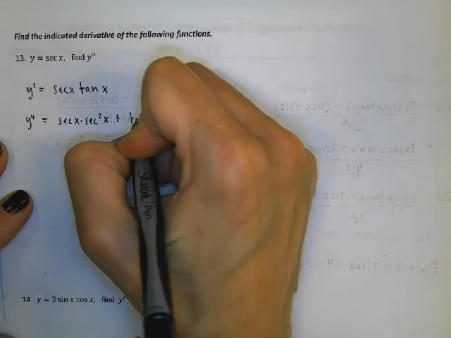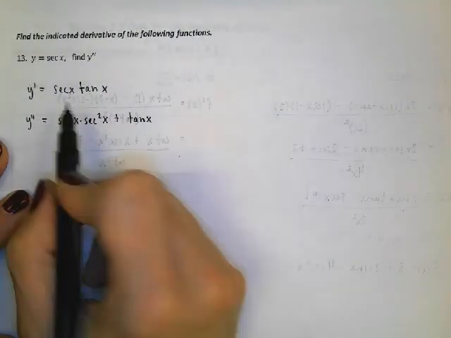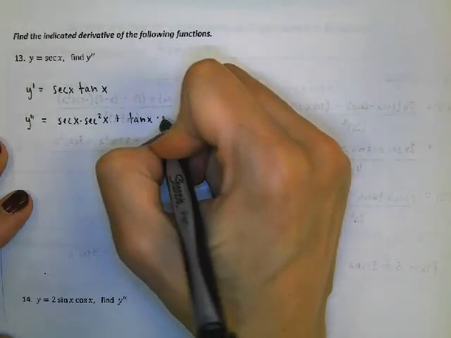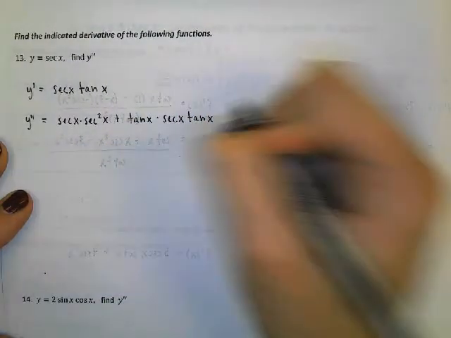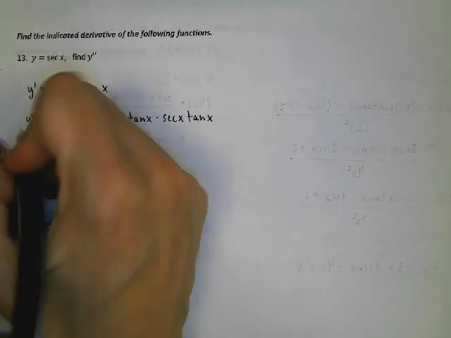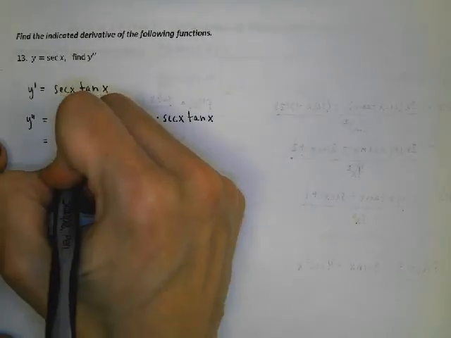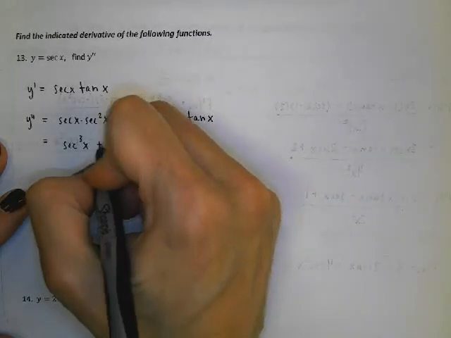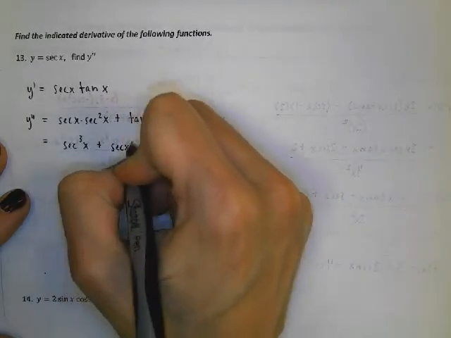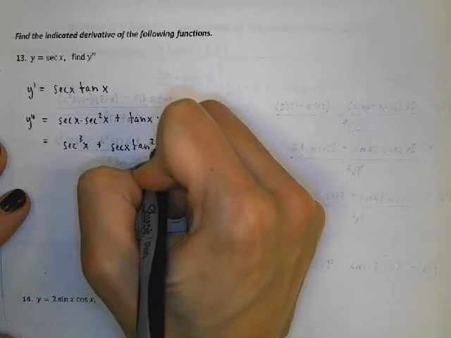And then I'm going to add the product of tangent of x and the derivative of secant of x, which is secant x tan x. And I'm just going to simplify this a bit, and I think we've seen this one before. Secant cubed of x plus secant x tangent squared of x.